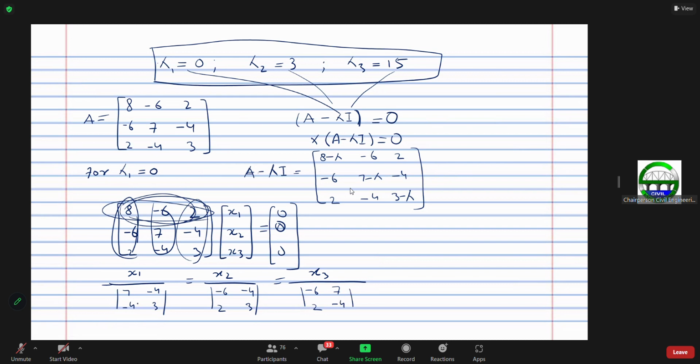Okay, so please tell me the value of this one, and this one.